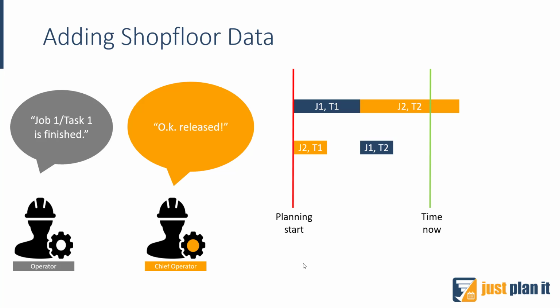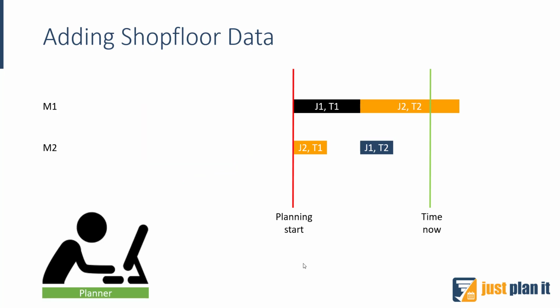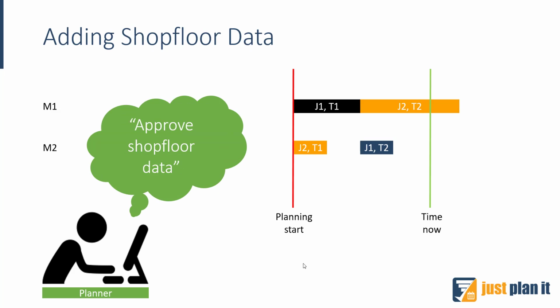We just want to understand what happens if I now bring in the information that job 1, task 1 is finished. Here we visualize that with the black color of that respective task. And now the planner approves that data.